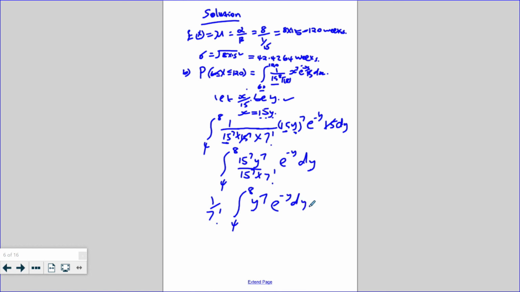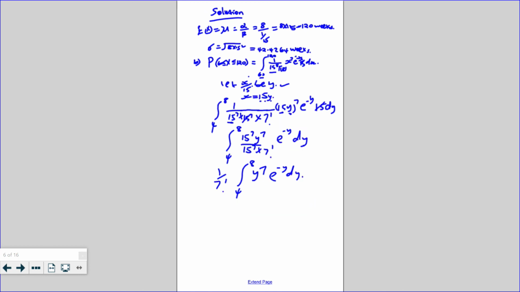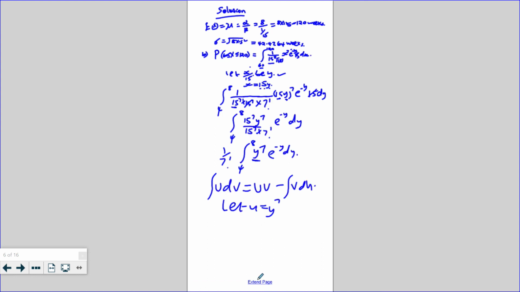So up to this point, again, we apply the integration by parts formula. The integral of u dv is equal to uv minus the integral of v du. So we say let u be equal to y to the power of 7, but there's a trick here.